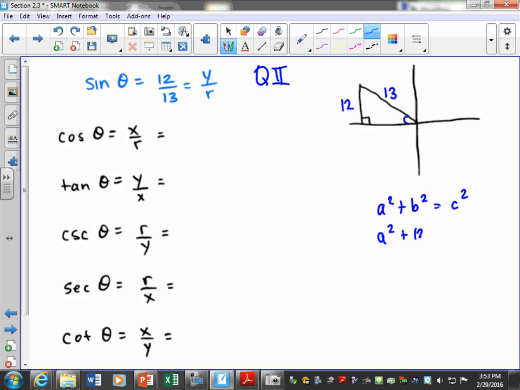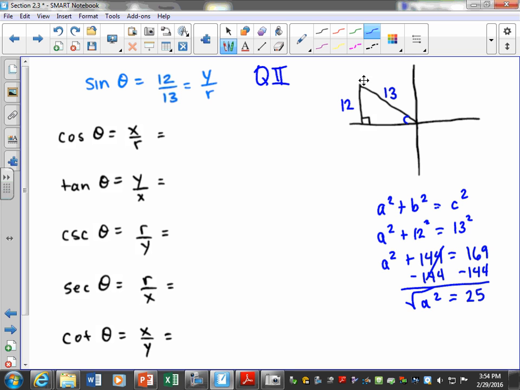So we get a squared plus 12 squared is equal to 13 squared. So a squared plus 144. 13 squared is 169. We want to get a by itself, so let's subtract 144 from both sides. And we get a squared is equal to 25.